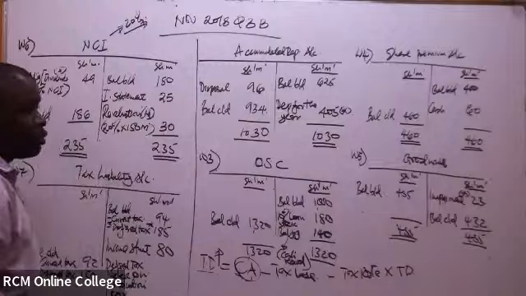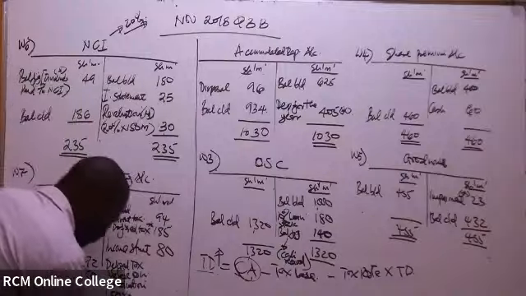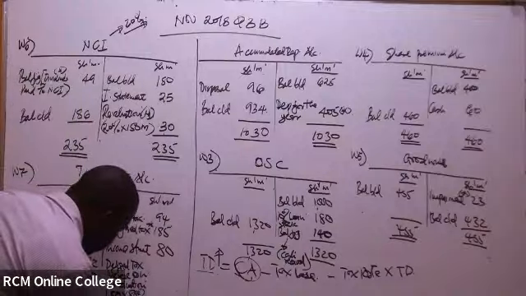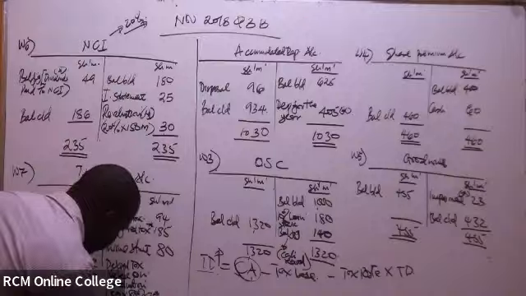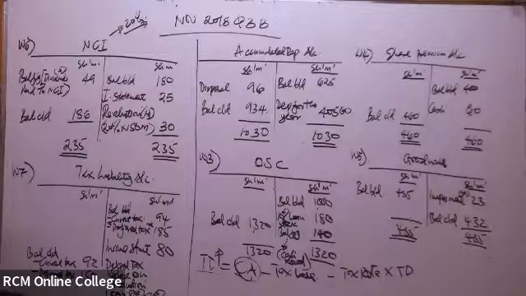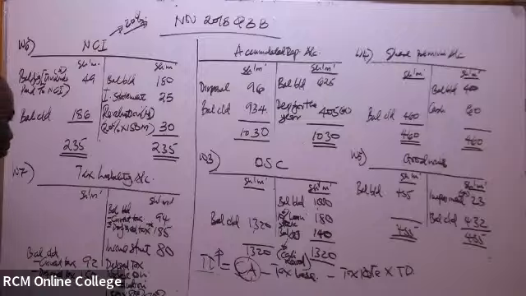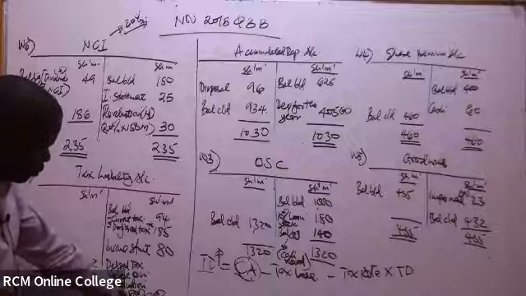Then the control in this case was how much? 80%. Then you multiply by 30%. So you'll be able to get the deferred tax there. It is 150 multiplied by 80%, multiplied by 30%.